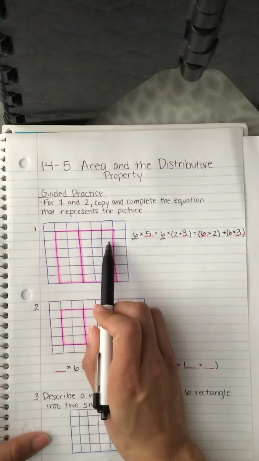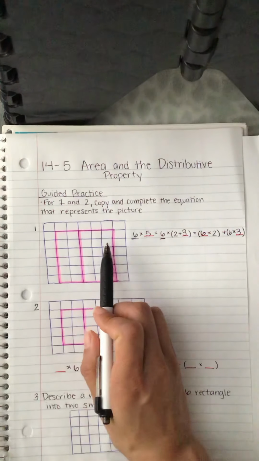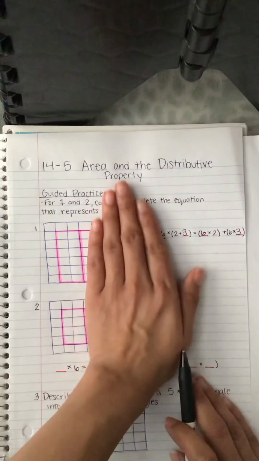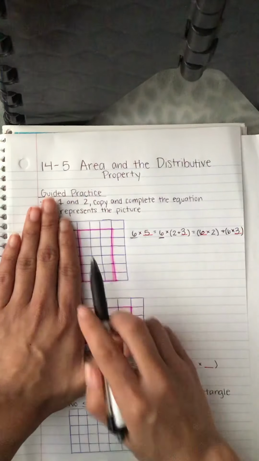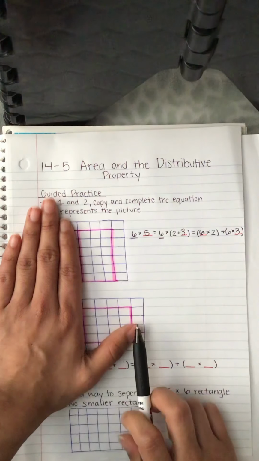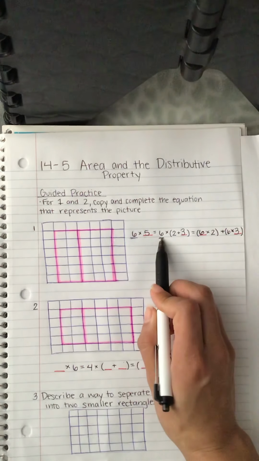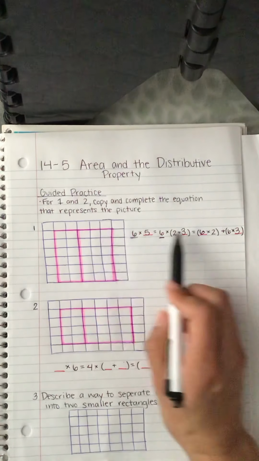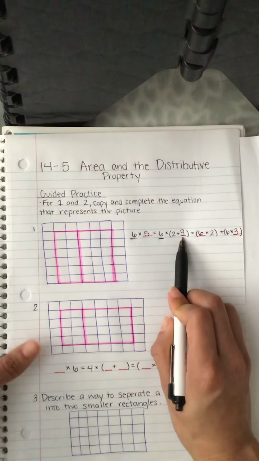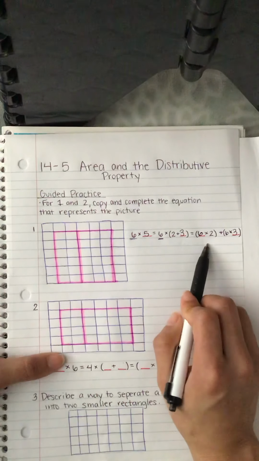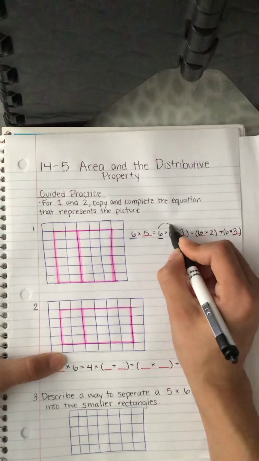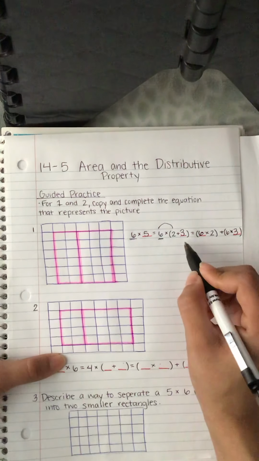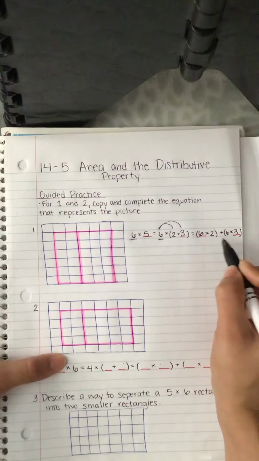Our length this way changes because it's broken up into two parts. I have 1, 2 in this square, and then 3 on this side. So 6 stays the same. 1, 2, here's my 2, and 1, 2, 3, here is my 3. Now to break that down even more, we have the 6 times 2, right? Plus the 6 times 3.